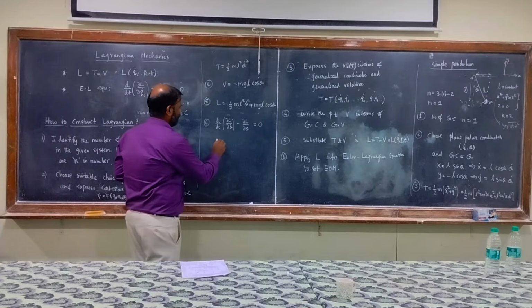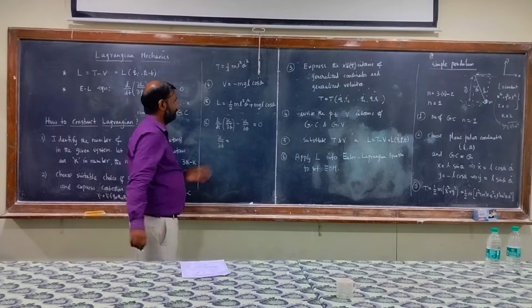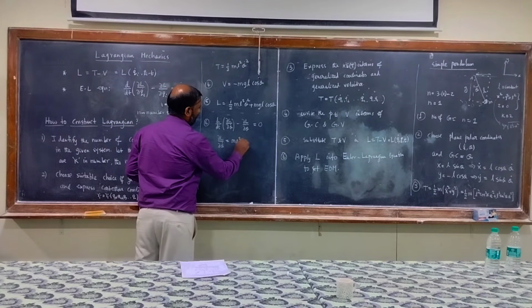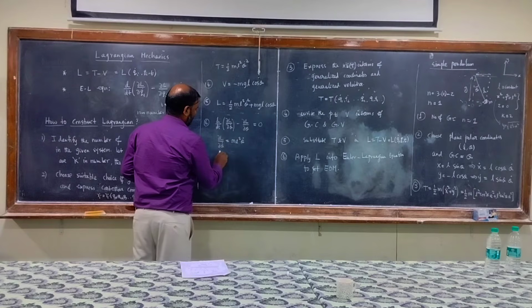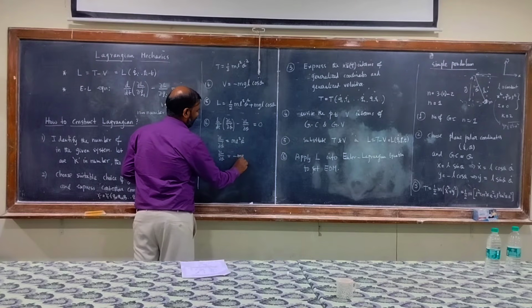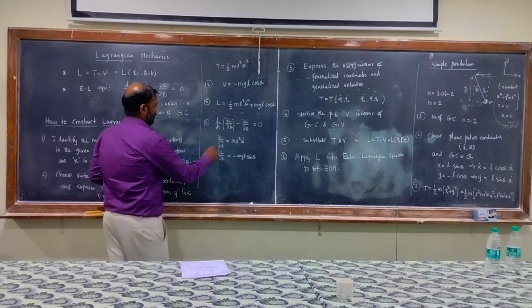Now we should find what dou L by dou theta dot is. It is m L square. What is dou L by dou theta? Minus mgL sin theta. Substitute that.